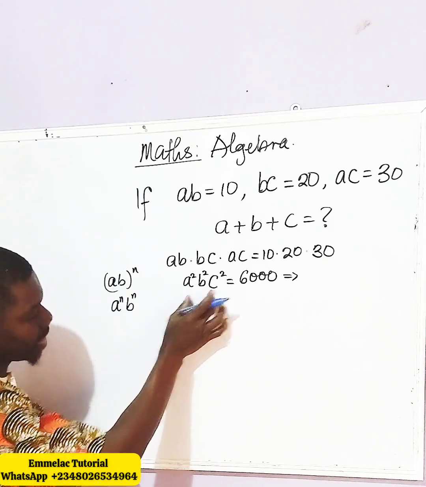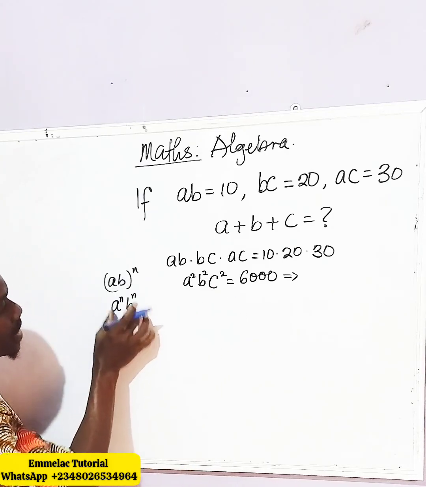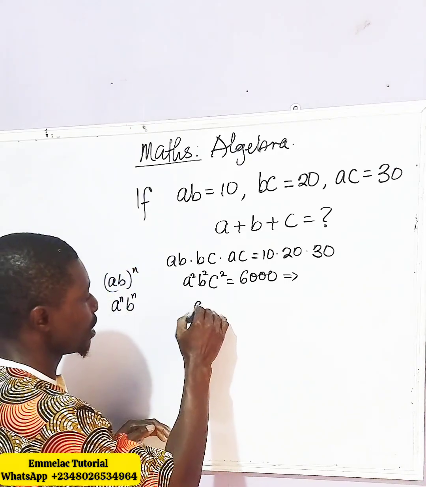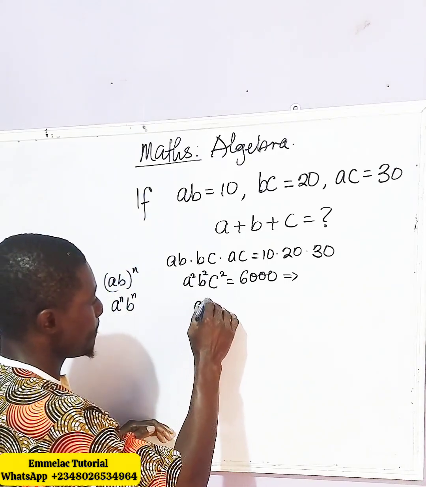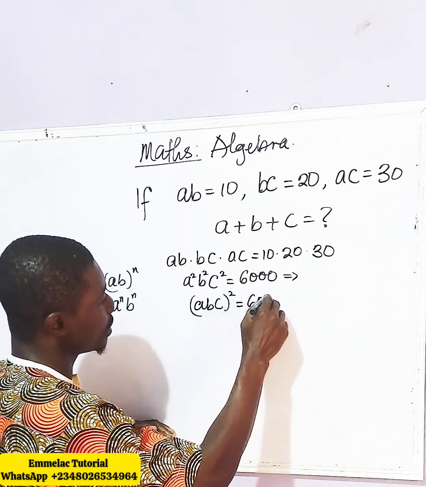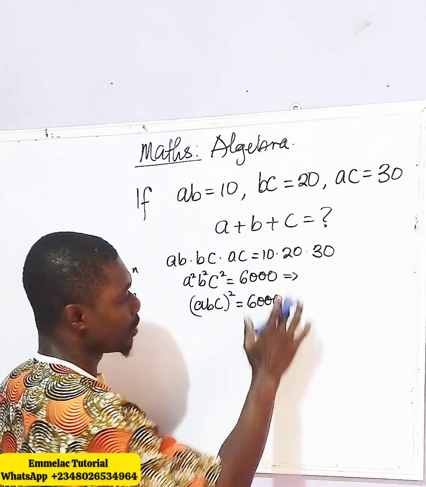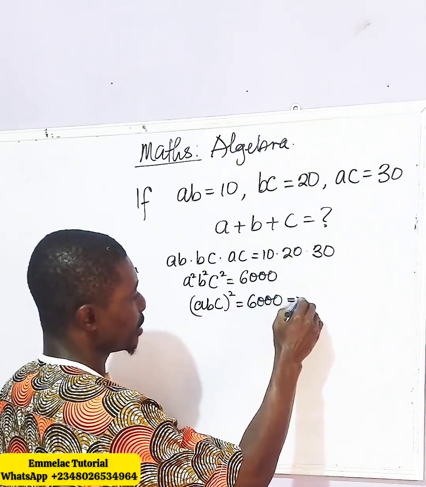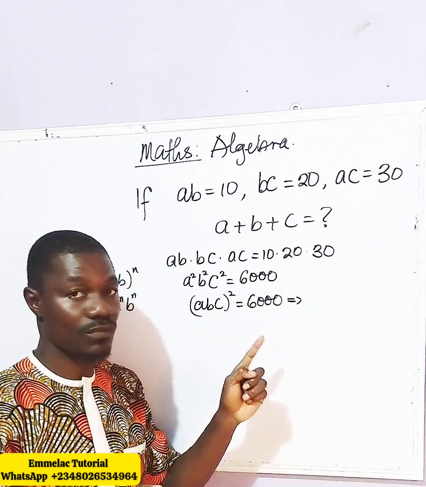Since this case is applicable, we can reverse this, giving us ABC all squared equals 6,000.